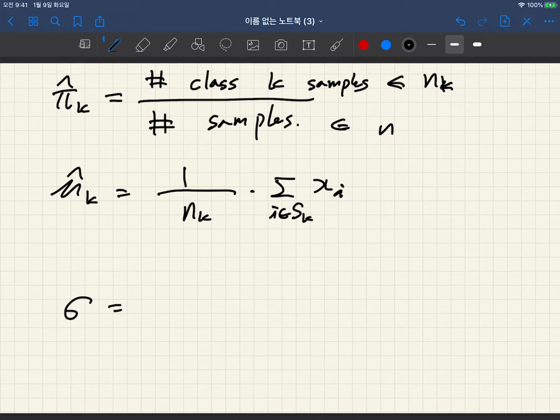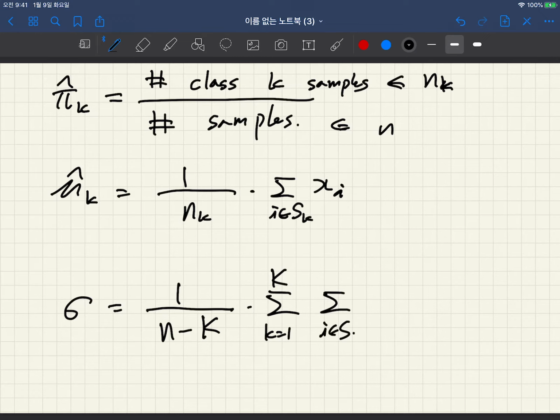Sigma is also the empirical variance of your observation: 1/(n minus K) times the summation over k from 1 to K, summation over i belonging to set k, of (x_i minus μ hat k) squared.